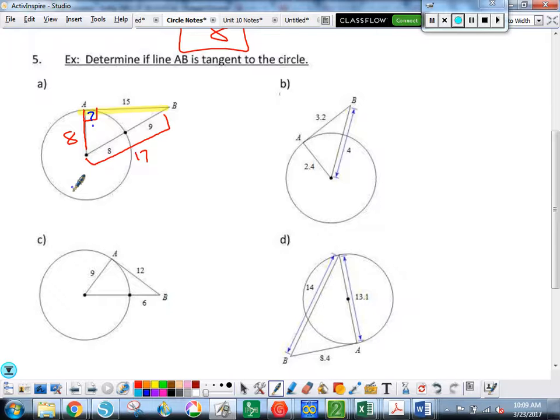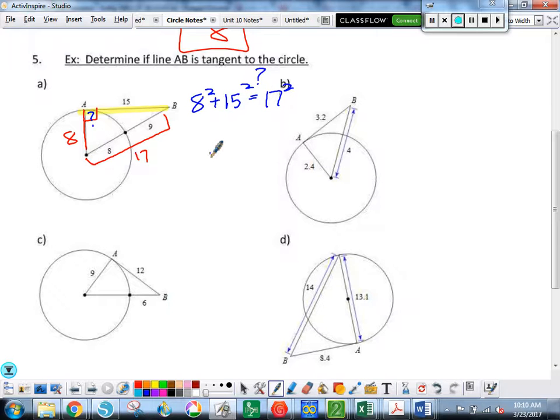If it was a 90-degree triangle, then you'd be able to use the Pythagorean theorem, right? So if this was 90, then 8 squared plus 15 squared would equal 17 squared, right? If it was a right triangle. Do you agree? Yeah.